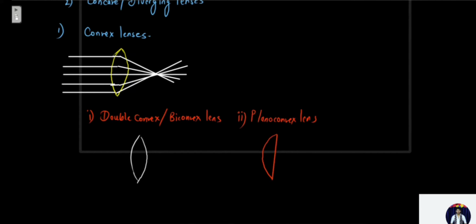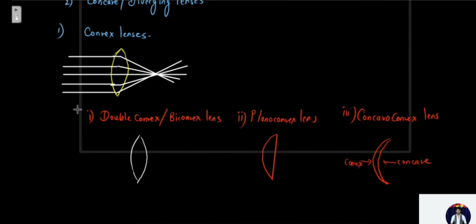And the third one is the concavo-convex lens. In this case, one side is convex and the other one is concave, so it is going to look something like this. This surface is convex and this one is concave. So these are the three types of convex or converging lenses.